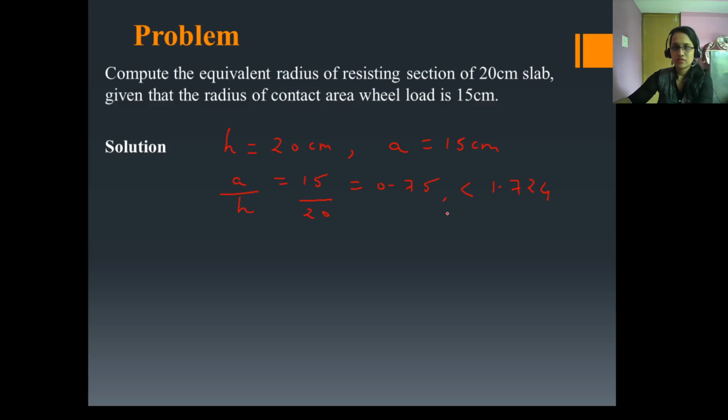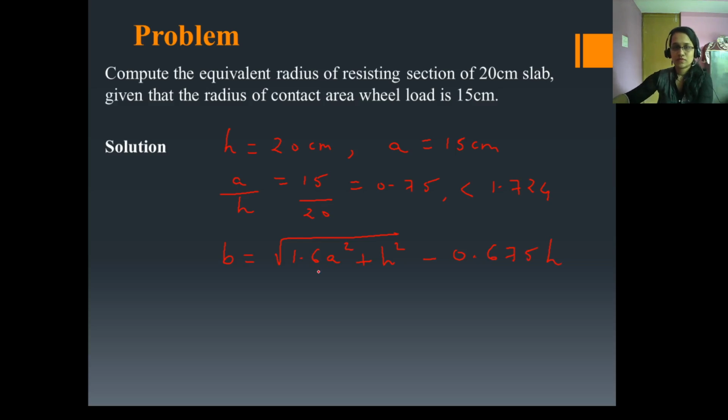Here it is less than 1.724, so we need to calculate b, which equals square root of 1.6 a square plus h square, minus 0.675 h.